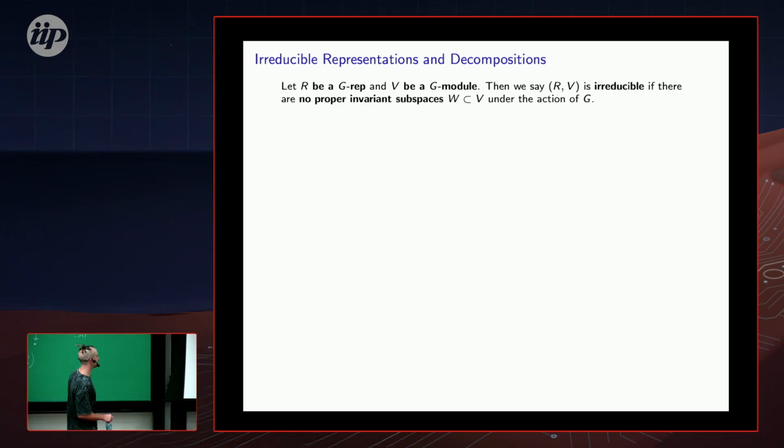Maybe the fundamental result in representation theory is that representations have essentially a unique decomposition into building blocks that are called irreducible representations. Before explaining what that is, think of an integer.